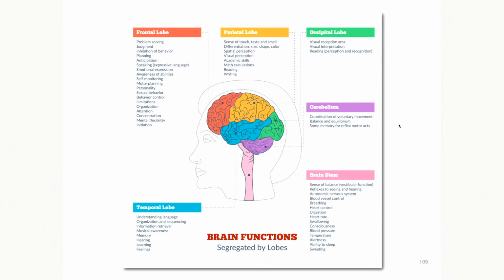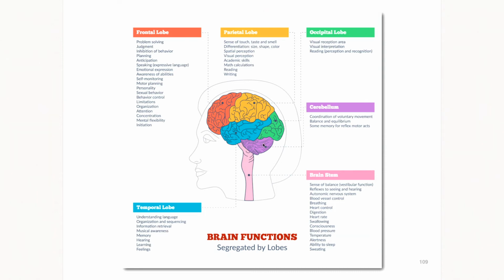So here we have a graphic looking at what we call the lobes of the brain. This is functional areas of the brain: the frontal lobe, the parietal lobe, here kind of where your headphones would go. Then you have the occipital lobe in the back of your head processing lots of visual information. The temporal lobe, language and comprehension.